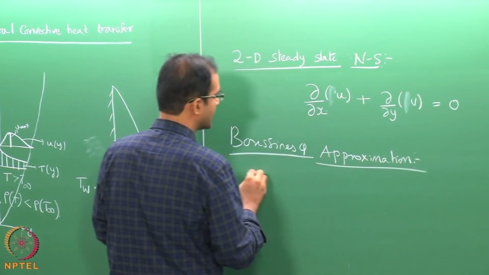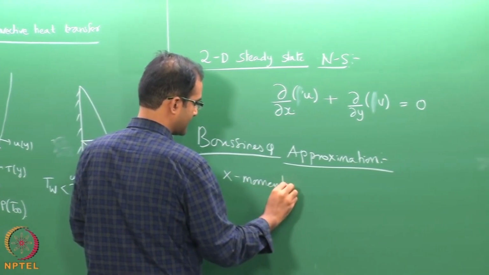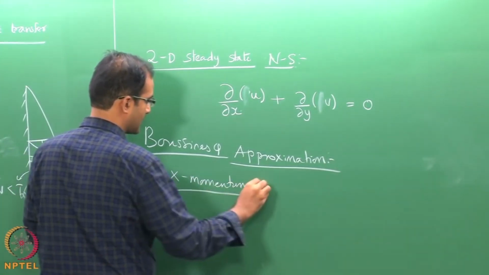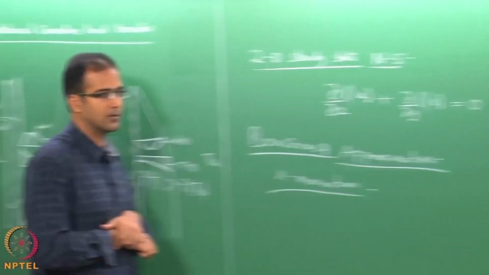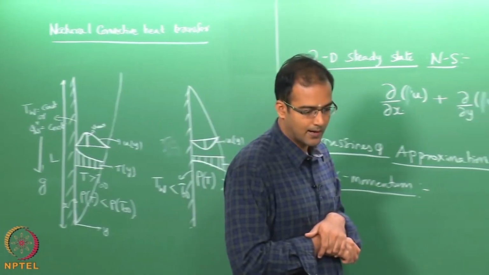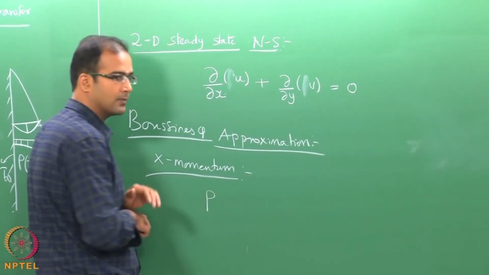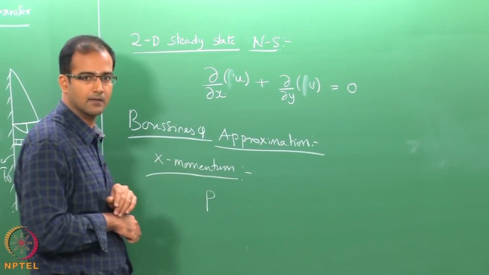So, let us first write down the x momentum equation. How does the x momentum equation look? So, you have, let us keep density outside the derivative, but let us not divide by density right away.